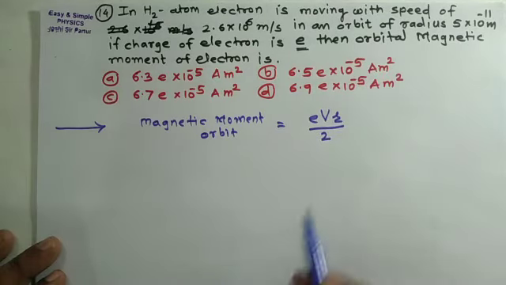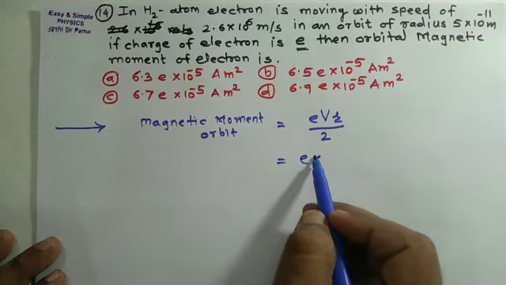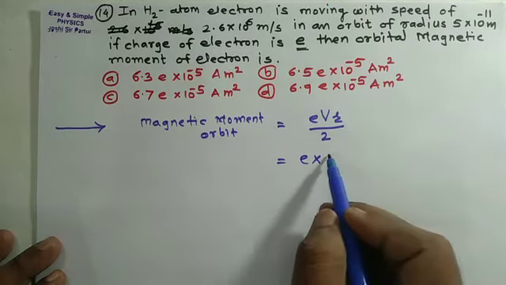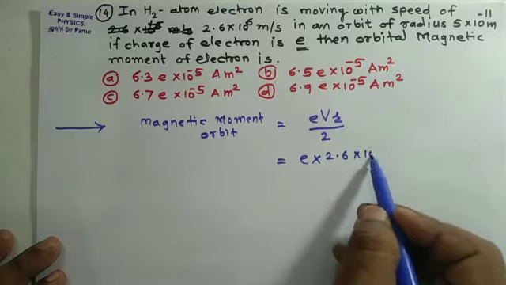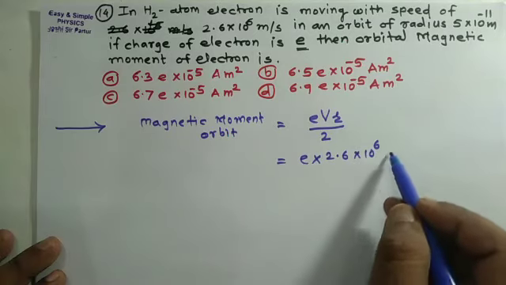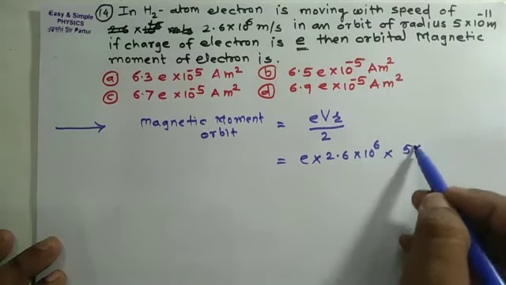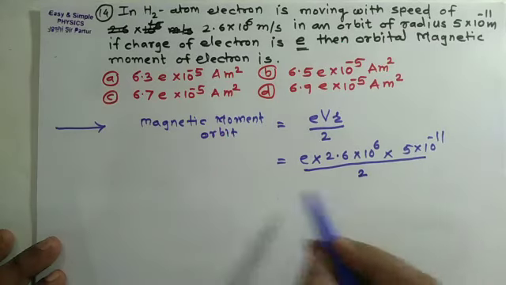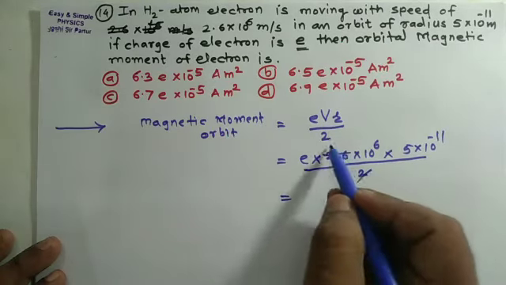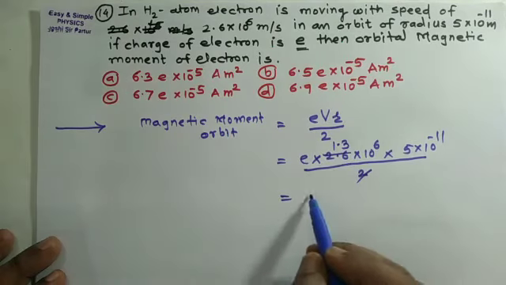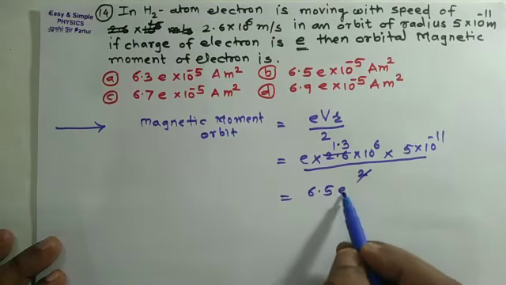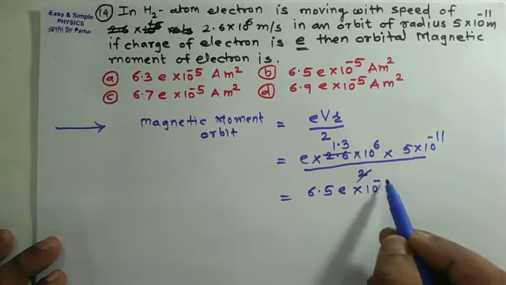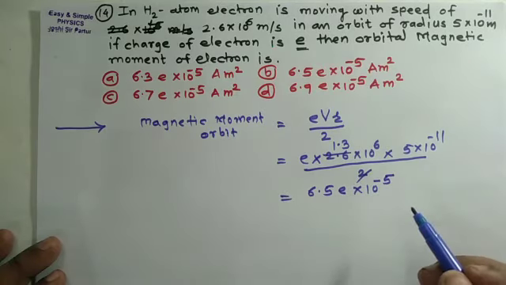Here charge is given as e, multiplied by velocity 2.6 × 10^6, multiplied by radius 5 × 10^-11, upon 2. So 1.3 multiplied by 5, that is 6.5 e × 10^-5.